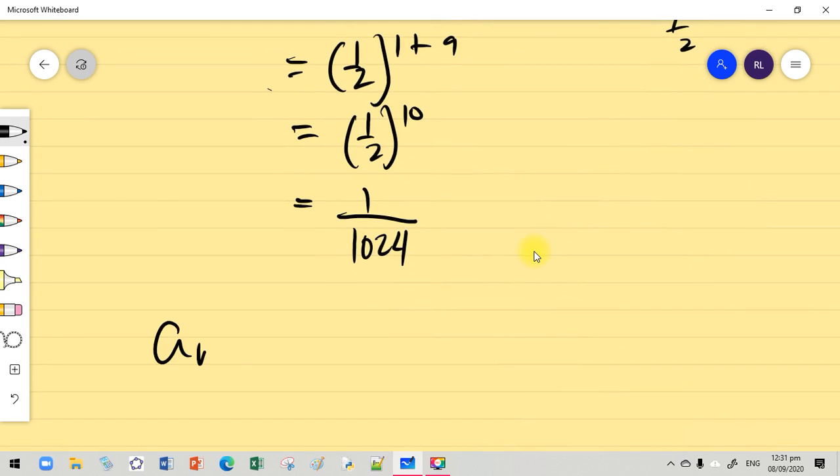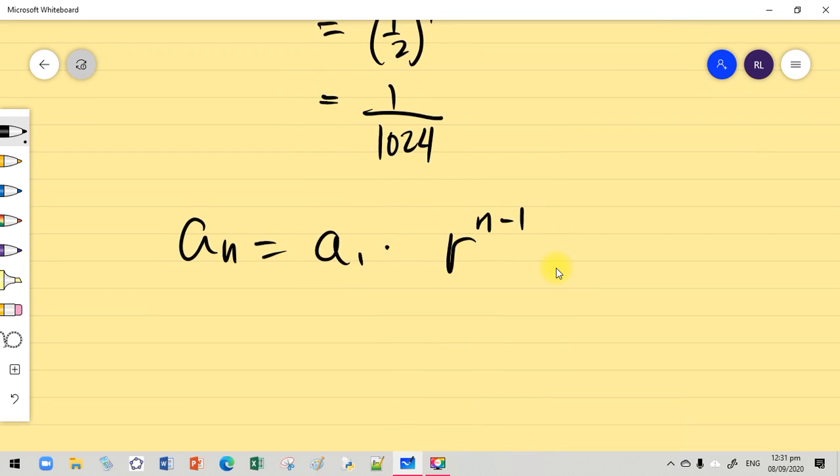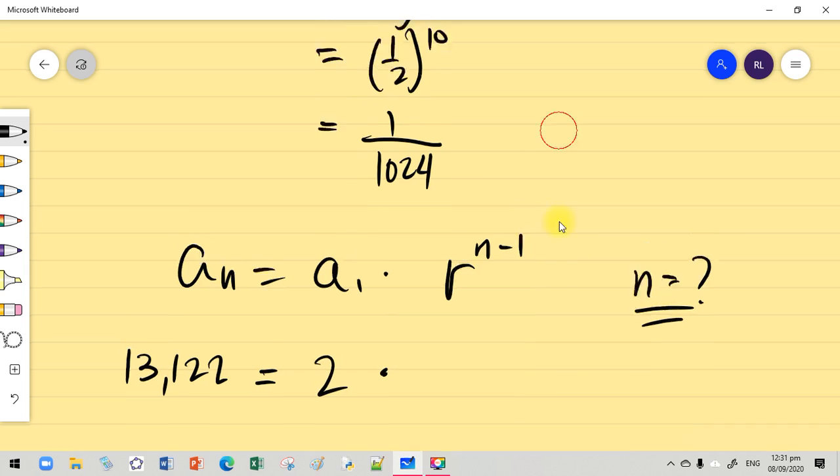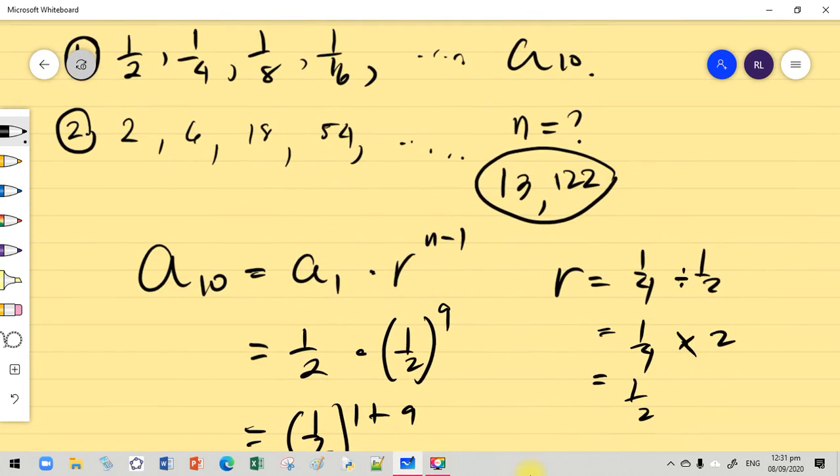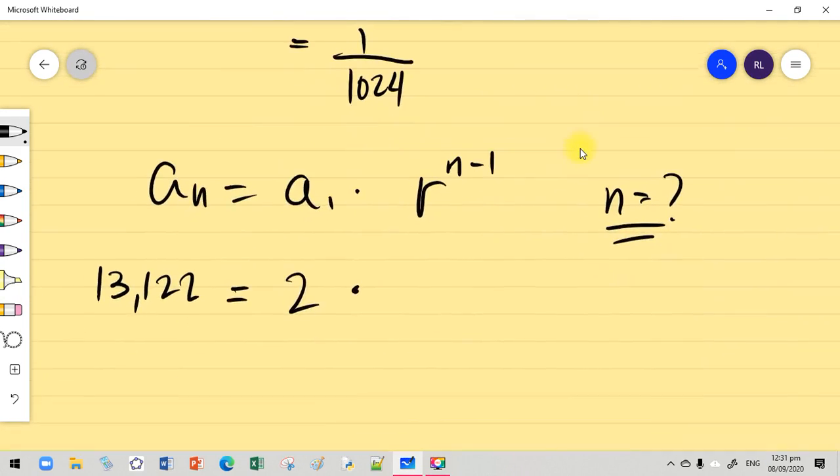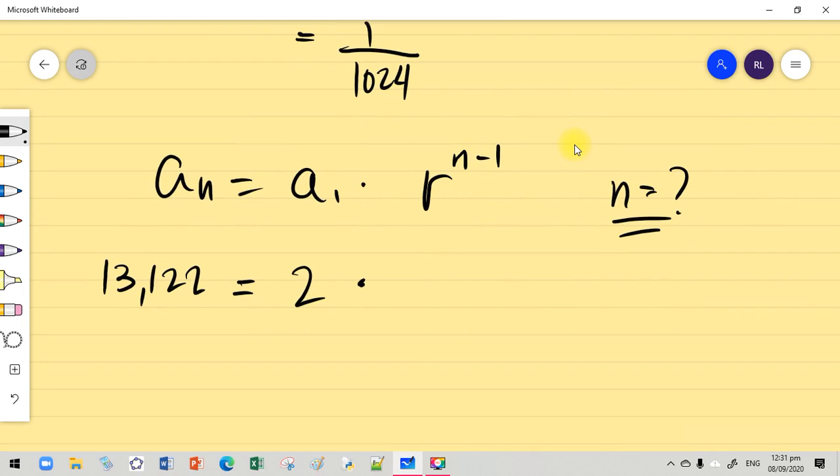So it's like saying a sub n equals a sub 1 times r raised to n minus 1. We are determining what term that is, because we are concerned with n. Our a sub 1 is 2, our first term is 2. Our r is 3, so 3 raised to, we do not know, n minus 1.